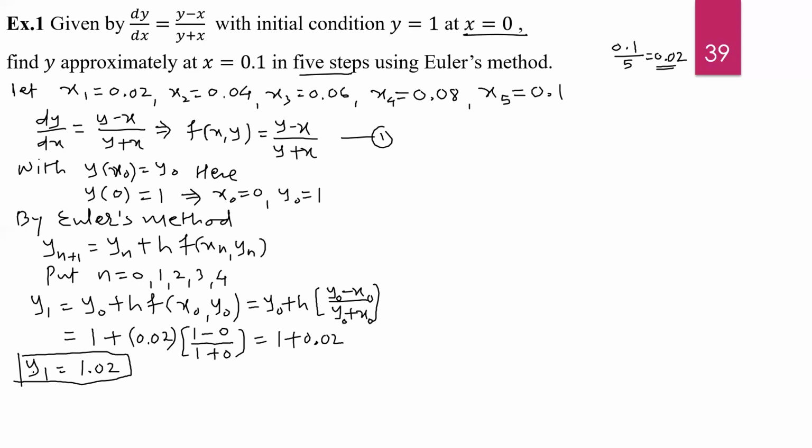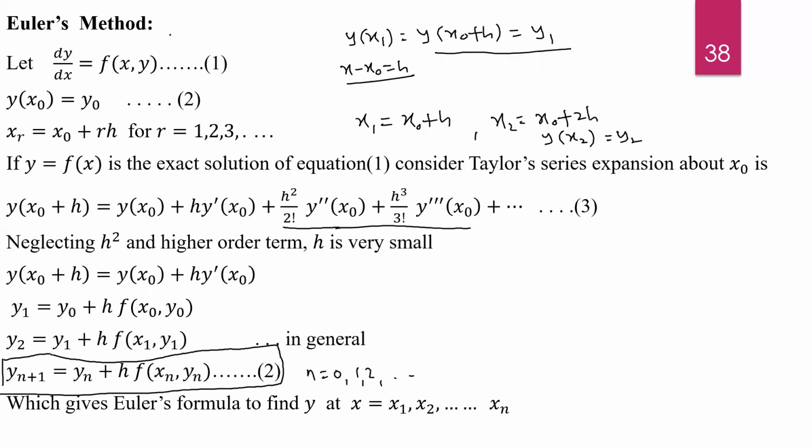Y1 means what? See here, in the first slide we discussed y1 means at x naught plus h. The x naught is 0 and h is 0.02.